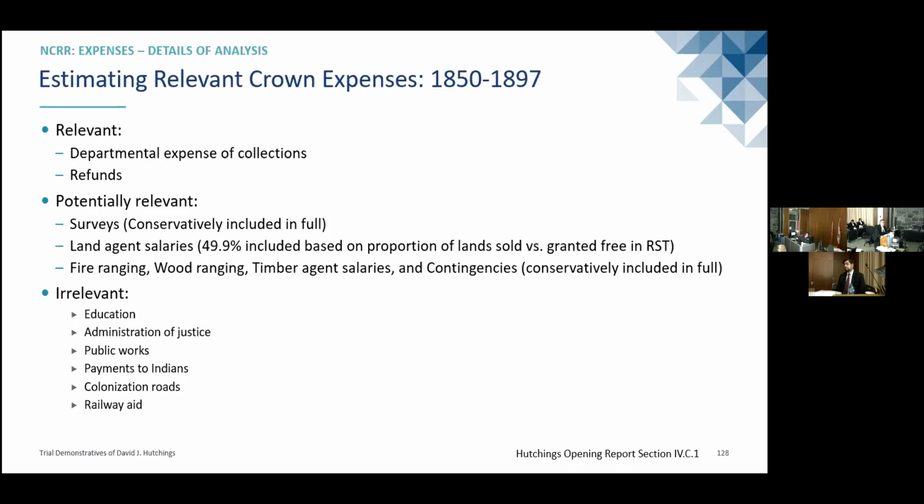Sure. So they don't enter into in any year my calculation of net Crown resource revenues. I calculate those separate from the annuities actually paid. I provide some calculations in my report based on the data provided by Canada about what the difference between those two numbers is. But in all the numbers I'm talking about here, I'm just talking about the net Crown resource revenues before there's any sharing, if you will.